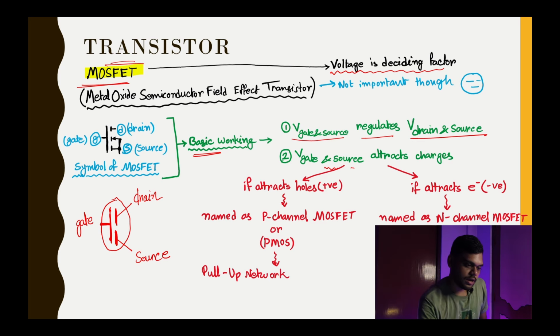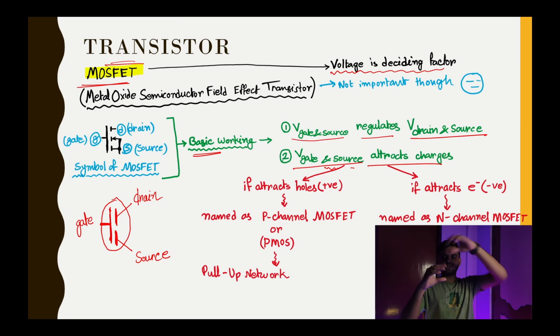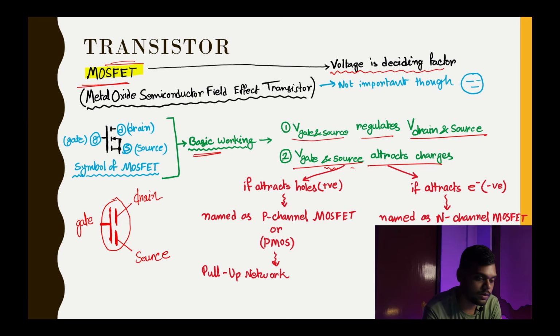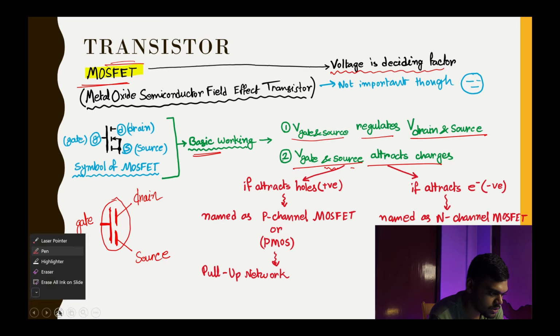And then V gate source attracts charges. If it attracts positive charges, we call it a PMOS transistor, and if it attracts negative charges, we call it an NMOS transistor. Okay, we'll go further, don't worry. Let's go to the next slide.